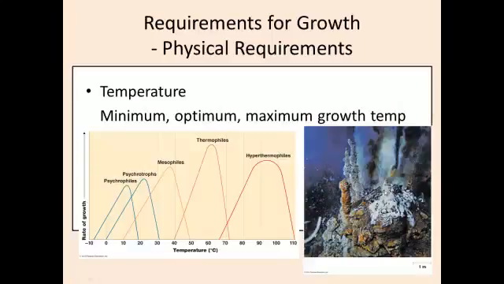Let's start at our hot end here. These would be either thermophiles or hyperthermophiles. Thermo for heat or temperature, and phile for loving. So this would be a hyperthermophile. They like it hotter than about 65, and they won't grow at lower temperatures.